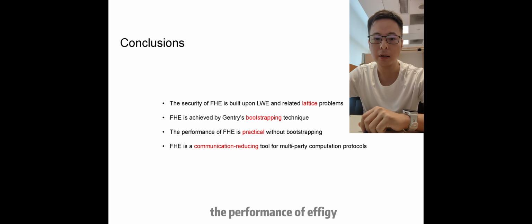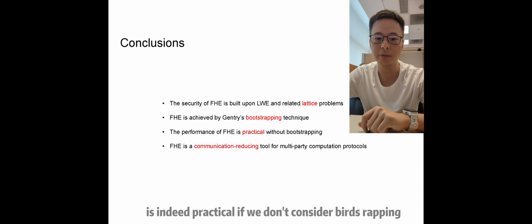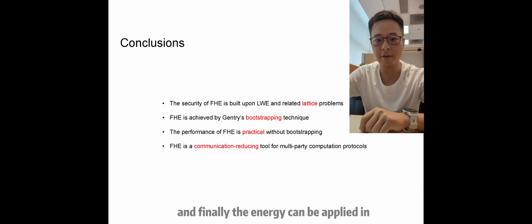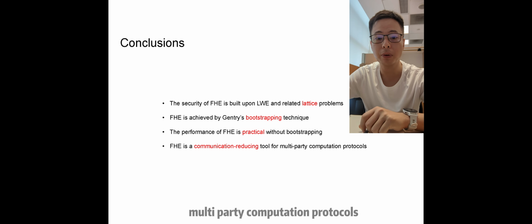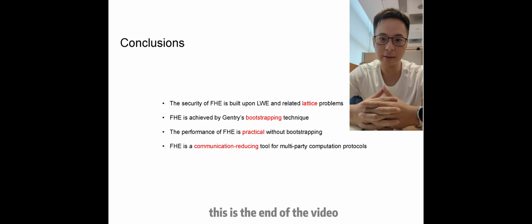The performance of FHE is indeed practical if we don't consider bootstrapping. And finally, FHE can be applied in multi-party computation protocols. Well, it is mostly used as a communication reducing tool to achieve optimal communication overhead. This is the end of the video.